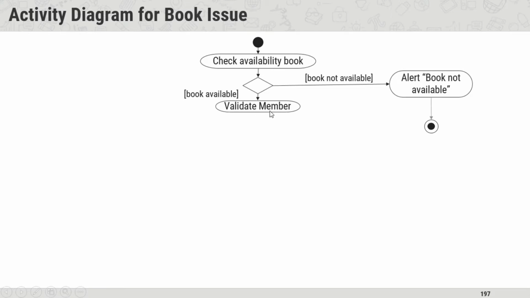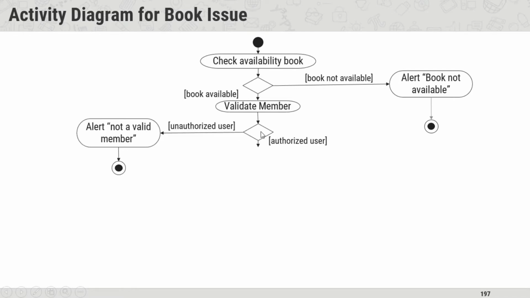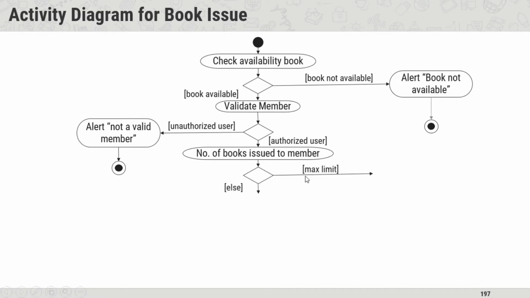Now if the book is available, you will validate the member and then add the details of the book into the user's account. Then you will check whether it is an authorized or unauthorized user. If it is an unauthorized user, you will alert that it is not a valid member, and you will stop there. If it is an authorized member of that particular library, you will check the number of books issued to the member.